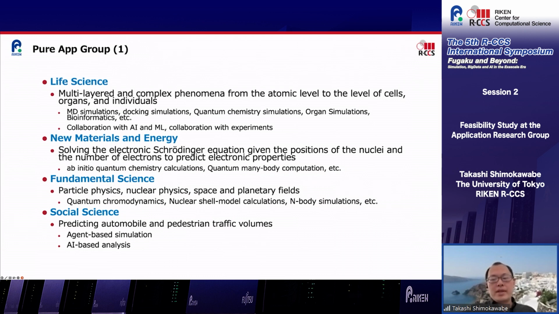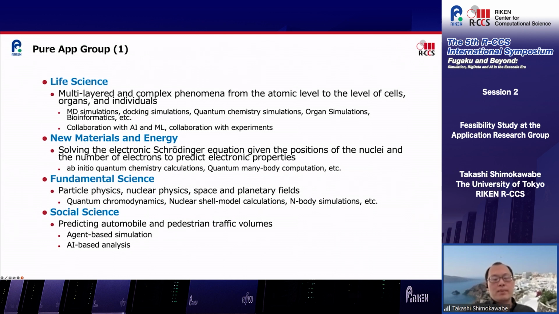The pure application groups cover a wide range of applications. And each of these subgroups also naturally includes several different applications with different characteristics. For example, in the life science field, they cover the multi-layered and complex phenomena from the atomic level to the cells, organs, and individuals levels.